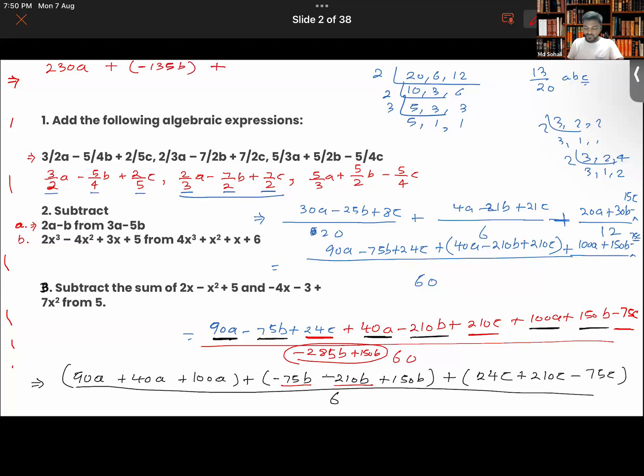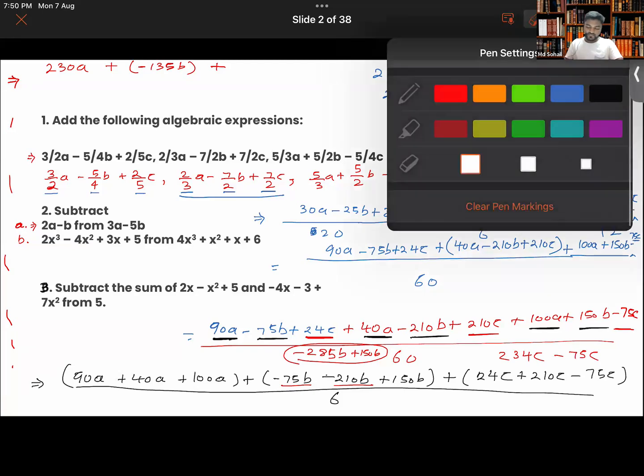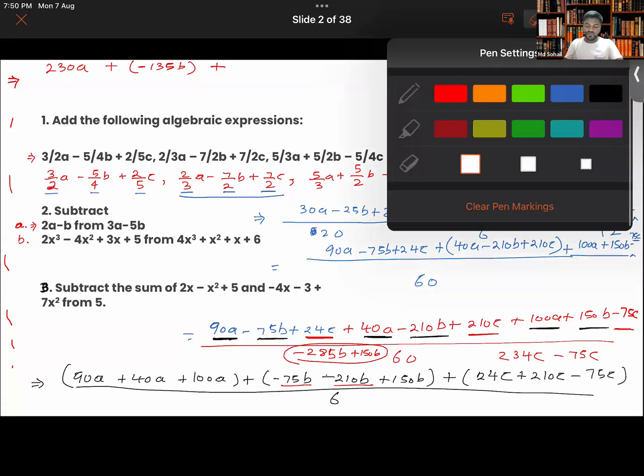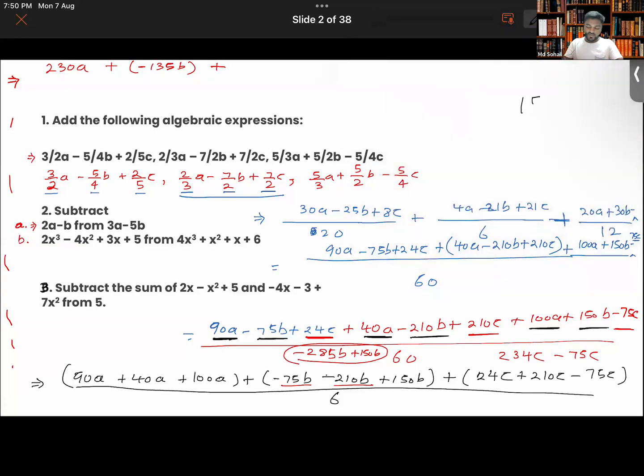Okay, for the third one, 24c plus 210c, that becomes 234c minus 75c, right? So that is how much? 234 minus 75, that gives you how much? Quickly calculate this one. 159.